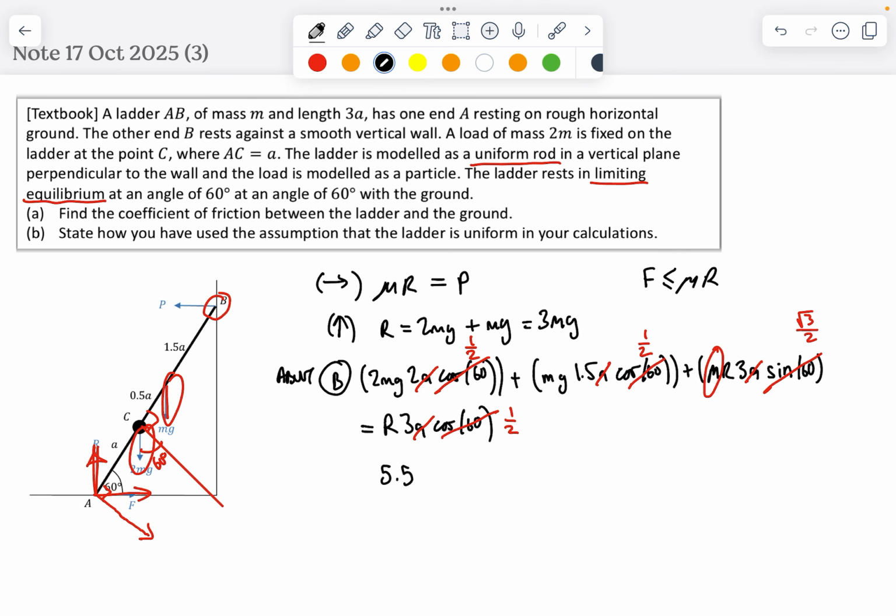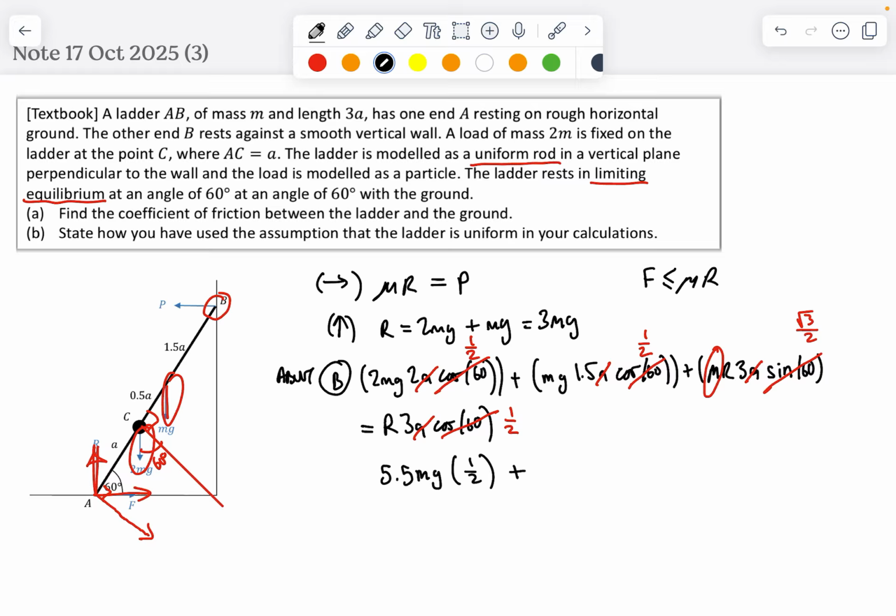So now I've got 5.5 mg times cos 60, which is a half.